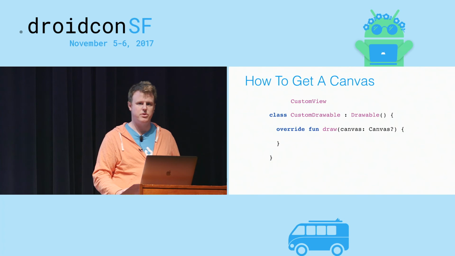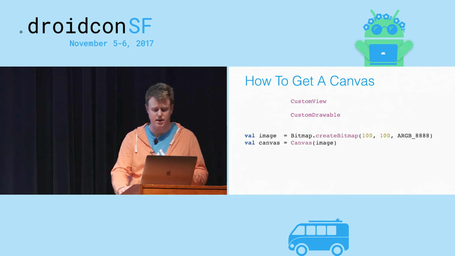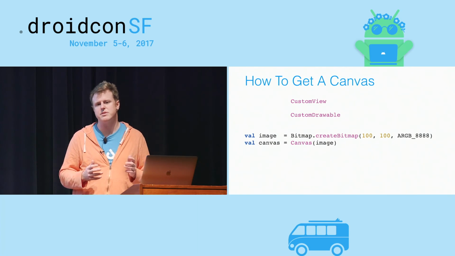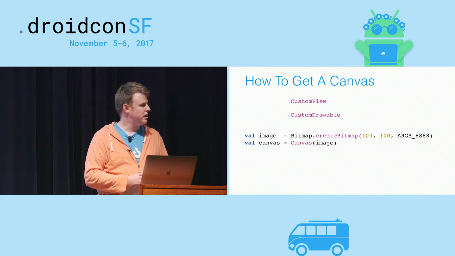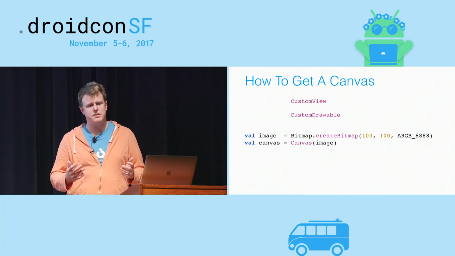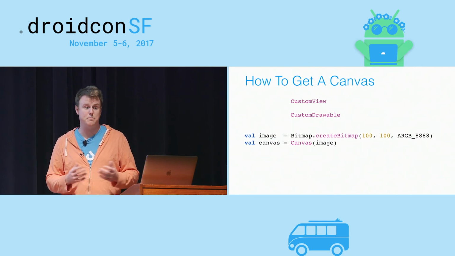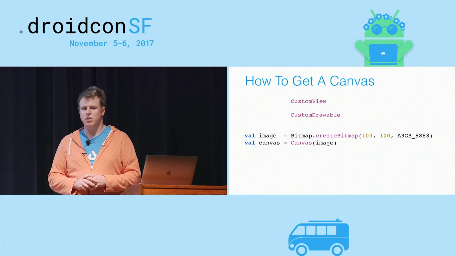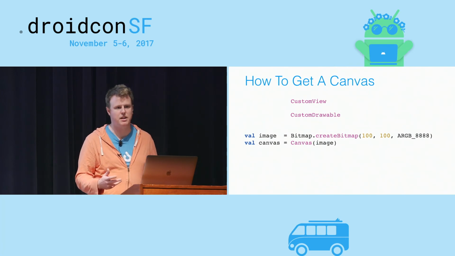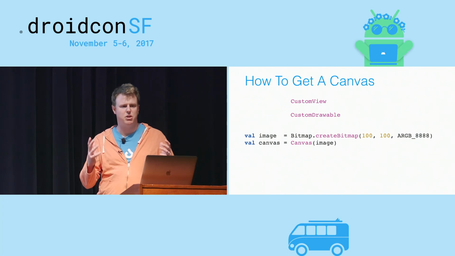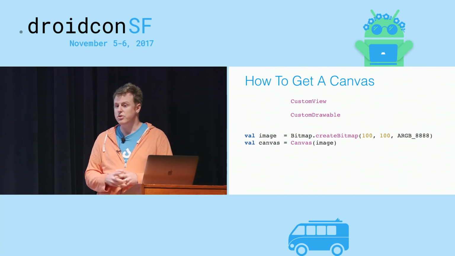And the last way that you can actually create your own canvas is with a bitmap. A lot of times the canvas is used to draw to the screen. In some cases, you might want to actually render some custom drawing into a bitmap. This could be for, maybe you want to cache a profile image, and so you want to crop it and put a mustache on it. You can do that.